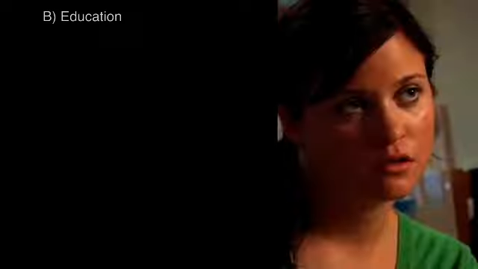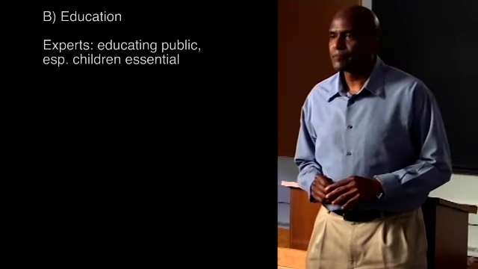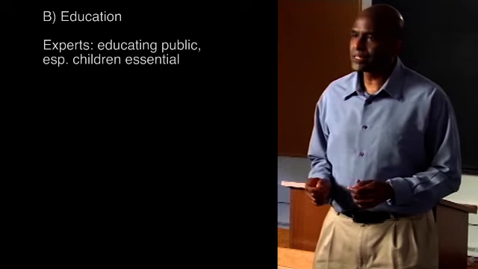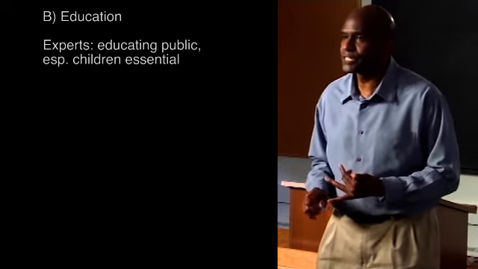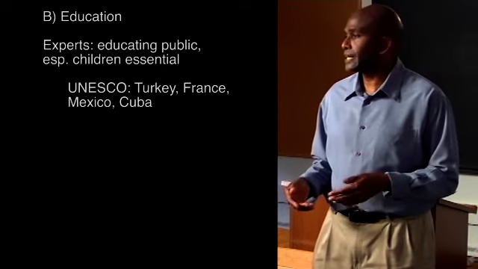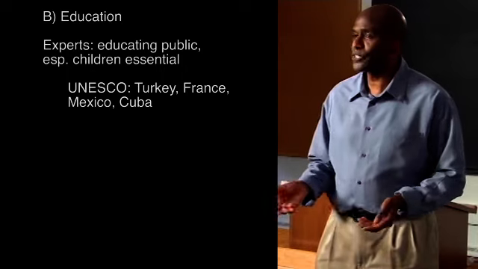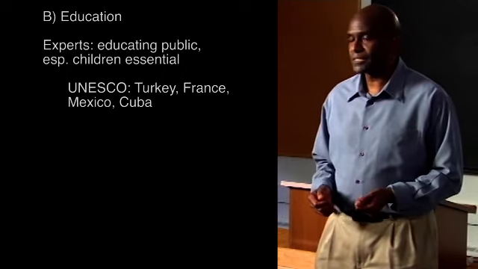Now let's turn to the role of education in emergency planning. Experts agree that educating the public, especially children, about the risks is essential. Here's one way. The United Nations group UNESCO has launched an international campaign called Disaster Risk Reduction Begins at School. In turn, many schools in countries like Turkey, France, Mexico, and Cuba now have disaster preparedness and safety programs.